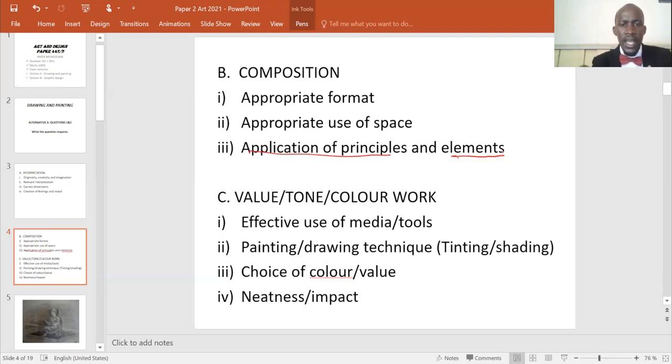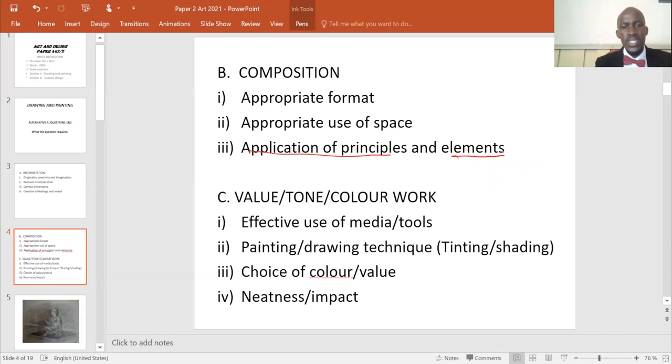They are the ingredients as far as creation of any artwork is concerned, be it drawing, painting, or graphic design. In one way or the other, the principles and elements must be present and recognized in your composition.